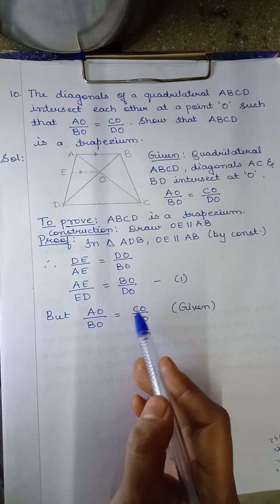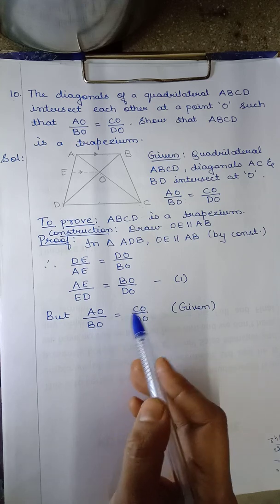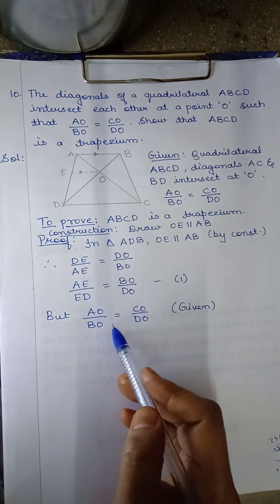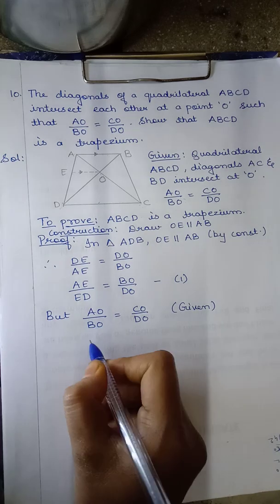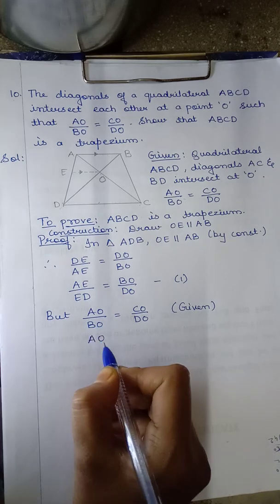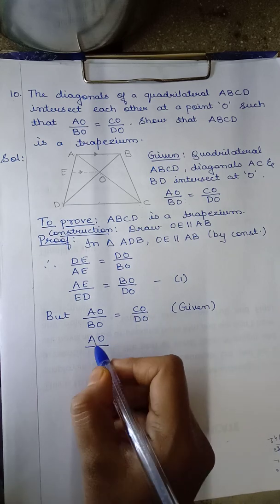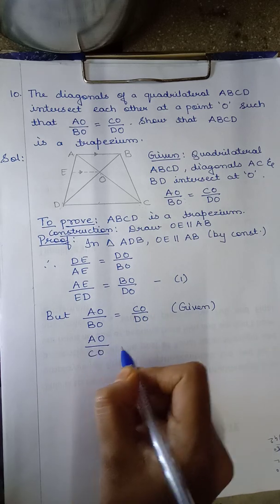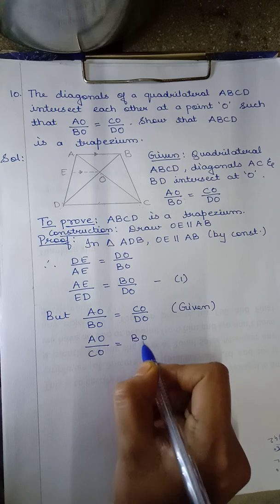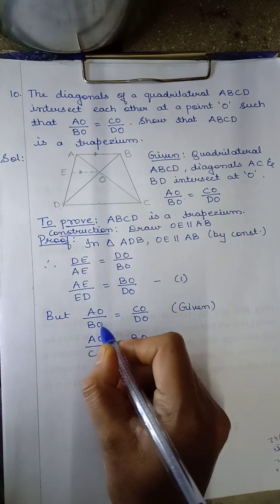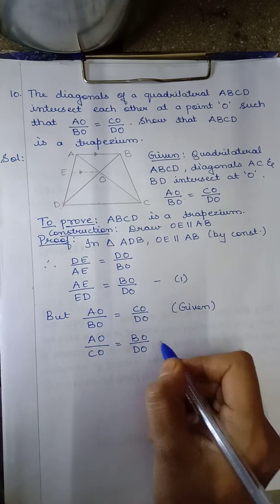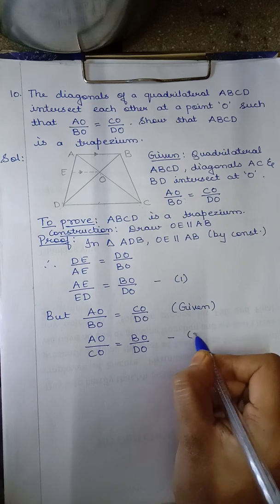OB I can take here and OC I can take here. In the previous sum I have told you we can interchange. So I'll write this as AO upon CO is equal to BO upon DO. I have interchanged this cross. Now let us keep this as equation 2.